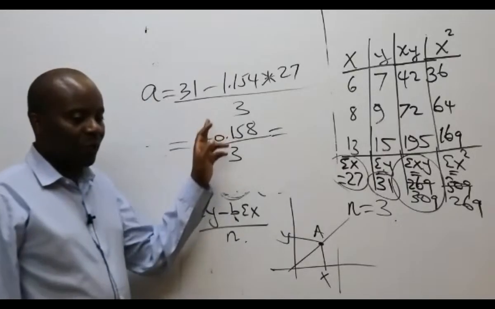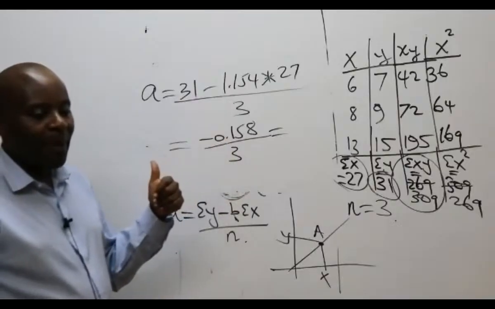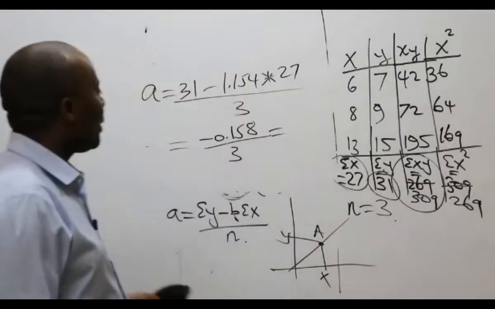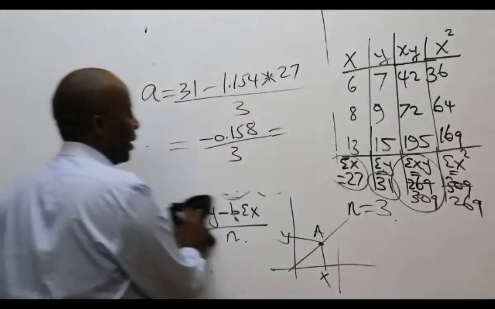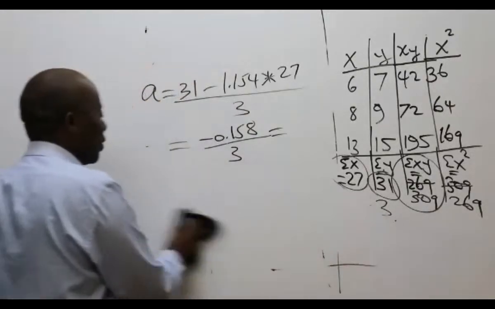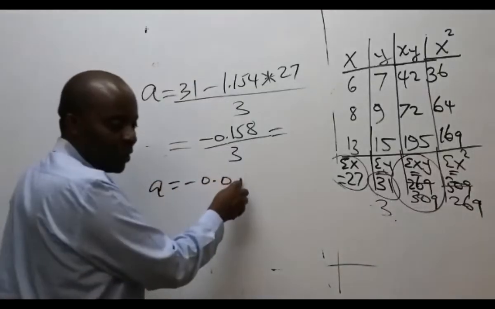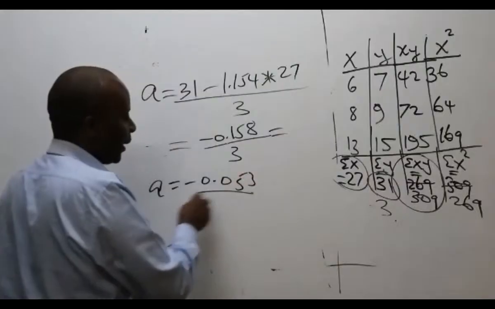When you take this and divide by this, according to Amaya, it is minus 0. Collins says 0.053. These are good students. They say that A should be negative 0.053 like that.